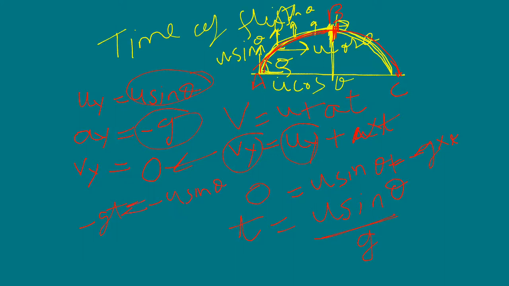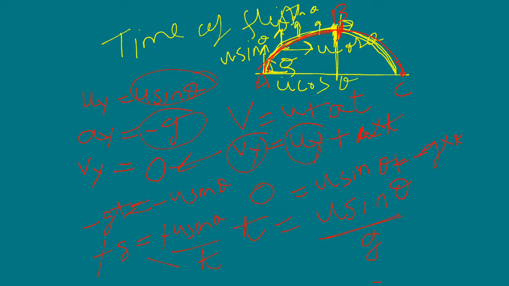Now the negative will go away on both sides. Here we can take t on this side and bring g down, so t equals u sin theta upon g.